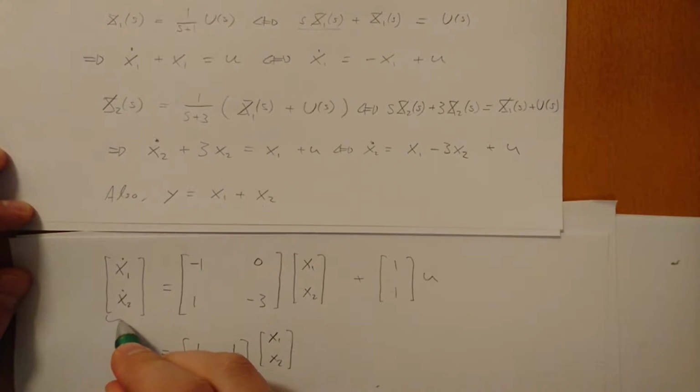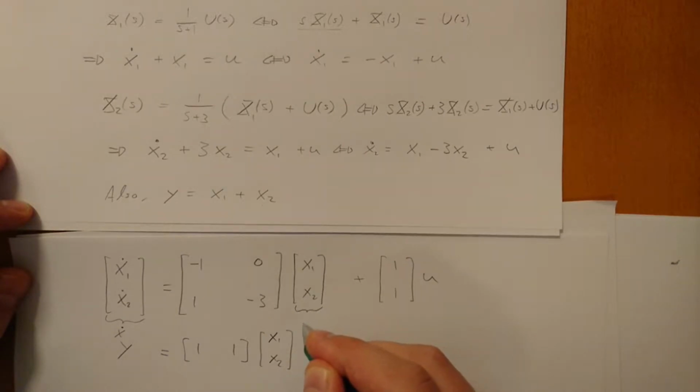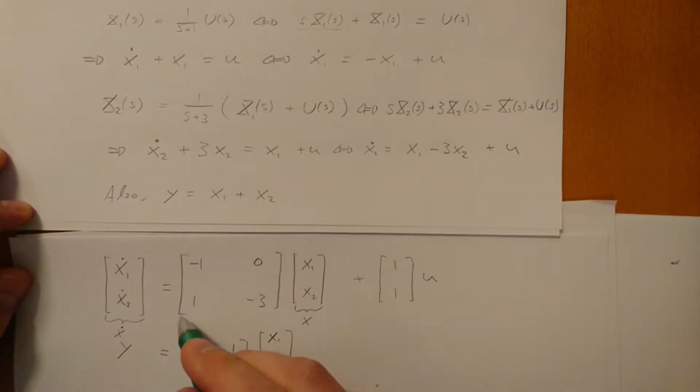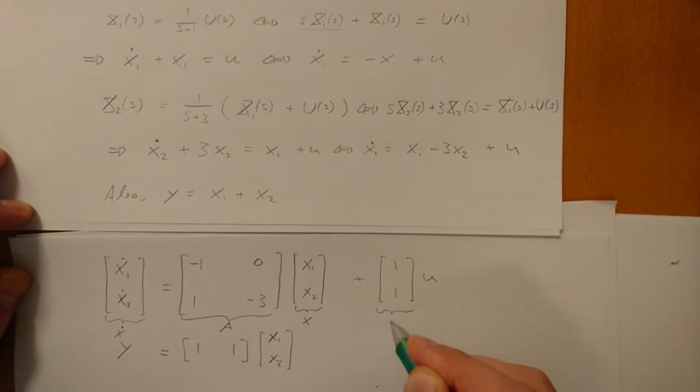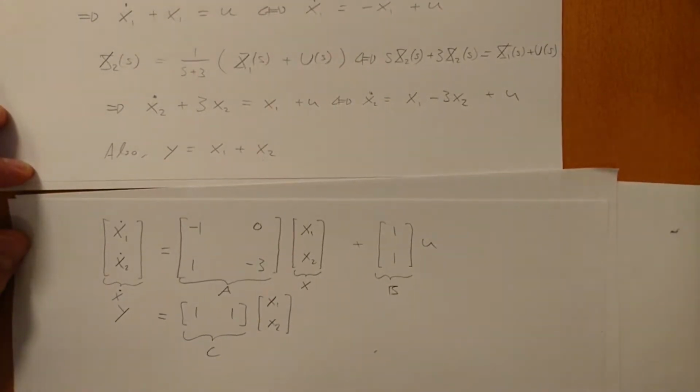And this is the vector that we usually call x dot. And this one is then, of course, just x. And this matrix is our A matrix, and this is our B vector, and here we have the C vector. So this is the state space form of this block diagram.